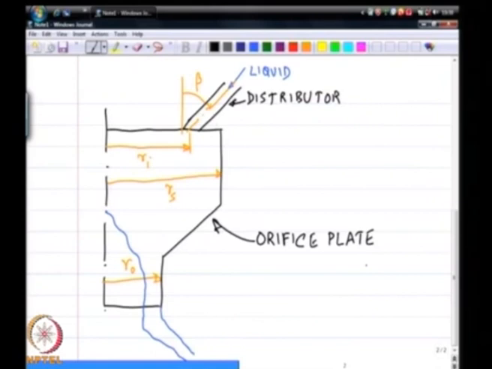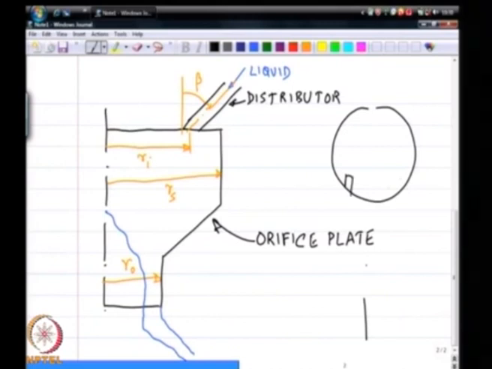Now, the distributor element brings in fluid at some angle beta, as well as having a swirl component. So, if I look at the top view of the distributor plate, essentially it could be a set of slots.